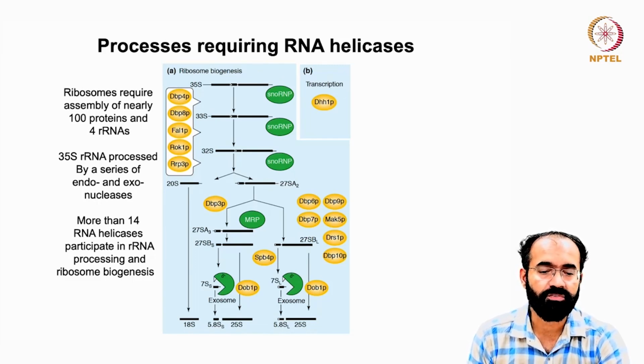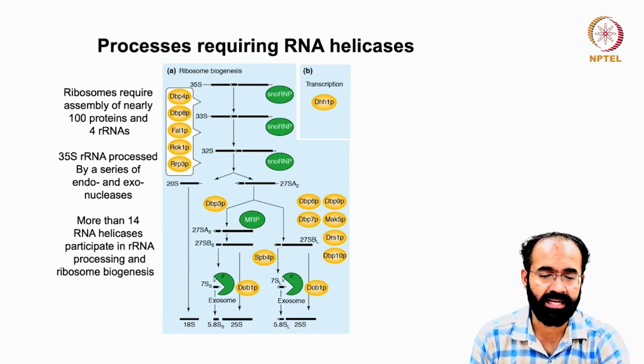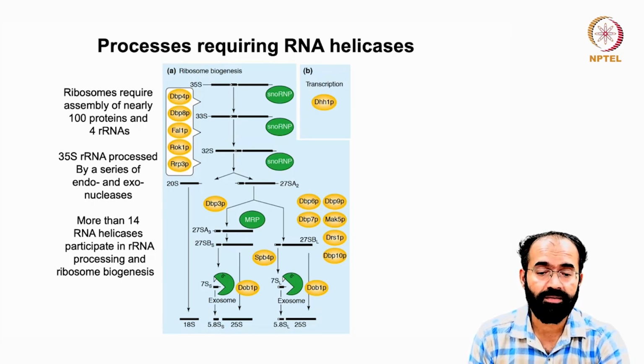Ribosome requires assembly of nearly 100 proteins and 4 ribosomal RNAs. You can see here starting from 35, 33, 32 as different Svedberg unit RNAs are there, and they also have to interact with snoRNA, means small nucleolar RNP, means RNA plus protein, that is snoRNPs.